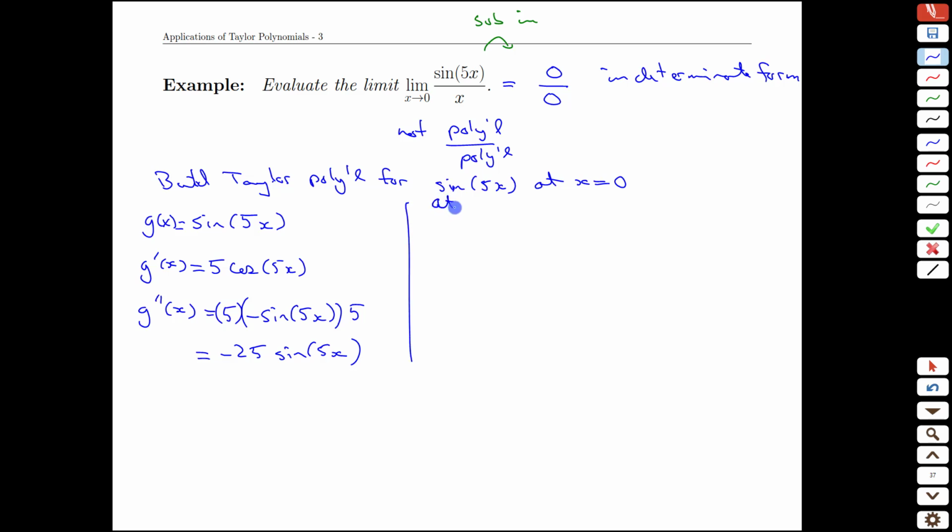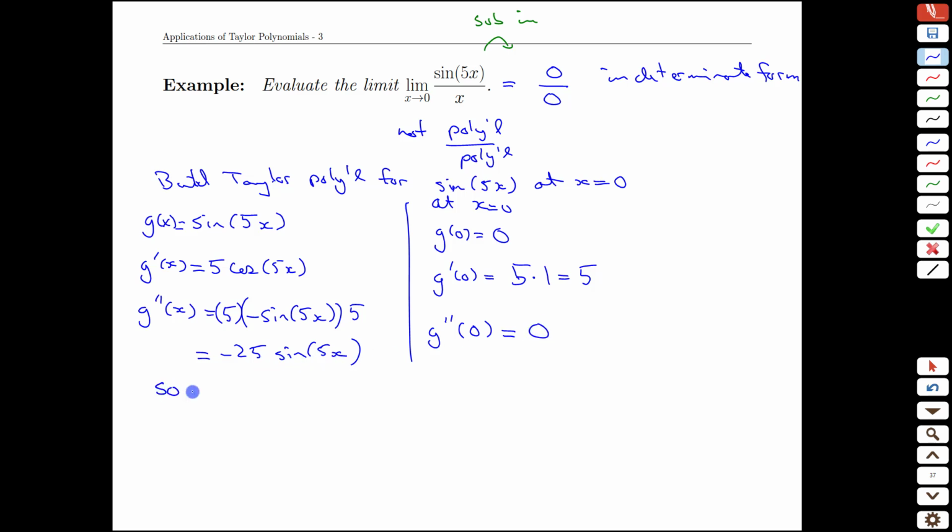At the point x equals 0, that's going to simplify to g of 0 is sine of 0, which is 0. g prime of 0 is going to be 5 times cos of 0, which is 5 times 1. And the second derivative may not be too useful here because it is also going to be 0. Sine of 0 is 0.